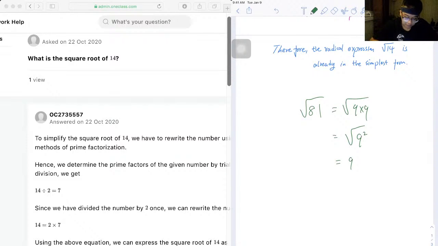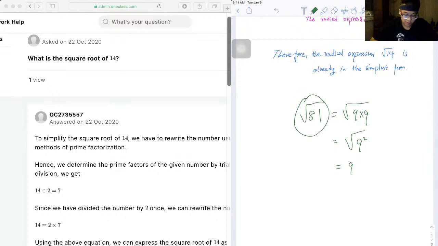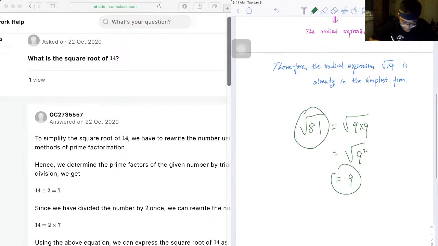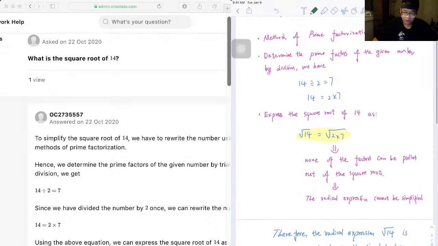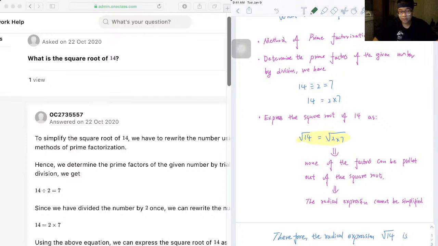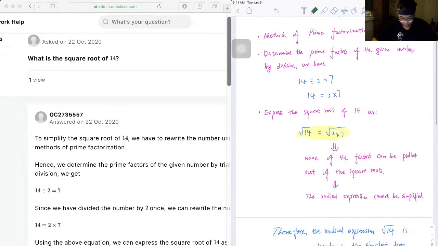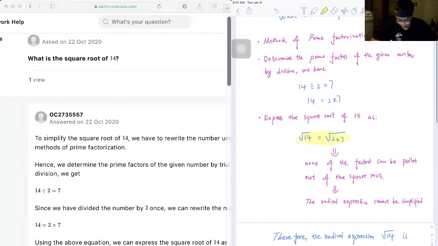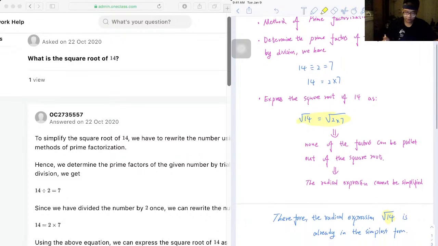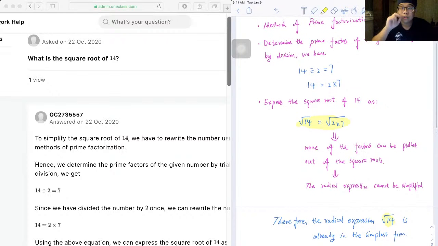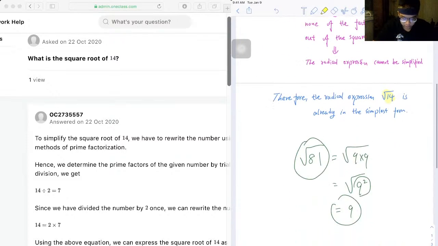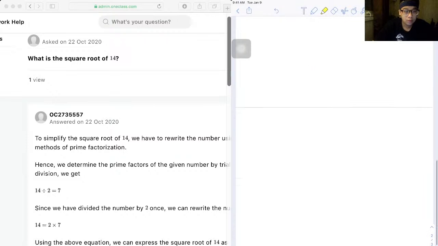So the square root of 81 will be equal to 9. As you can see, we can still factor the 9 out, but in our case, like the 14 case, because 2 and 7 are already prime factors, none of the factors can be pulled out of the square root. That's why we have root 14 as our answer. So I think that's all we have for this question.